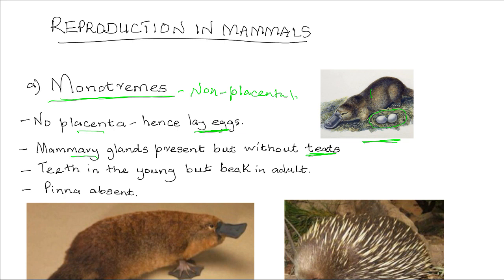The young monotremes have teeth, which later on are transformed into beaks within the adult. And unlike other mammals, they lack the pinna, that is the external ear. They don't have an earlobe.